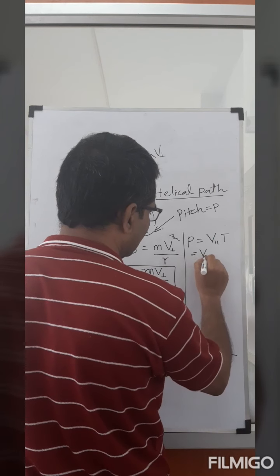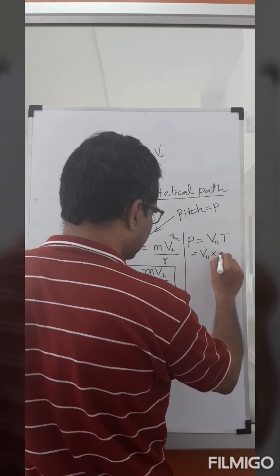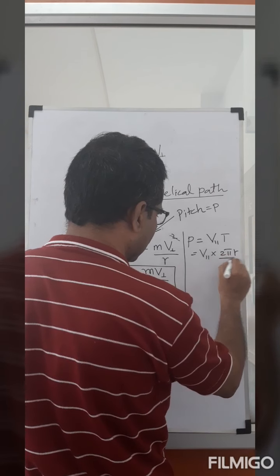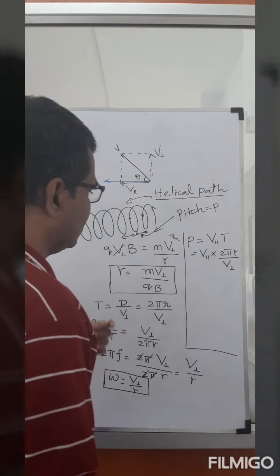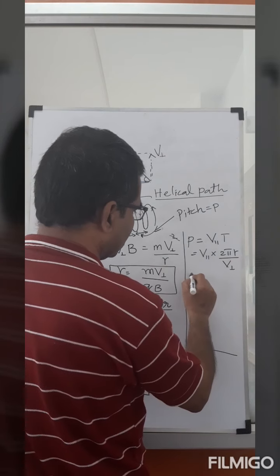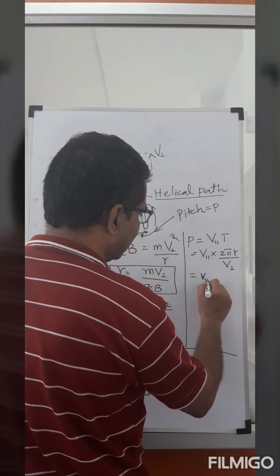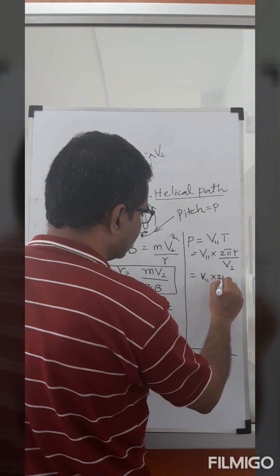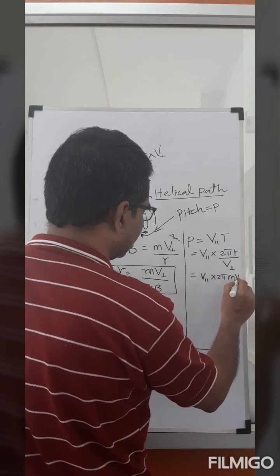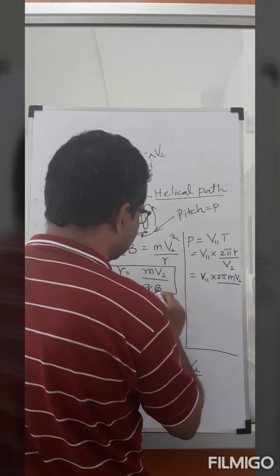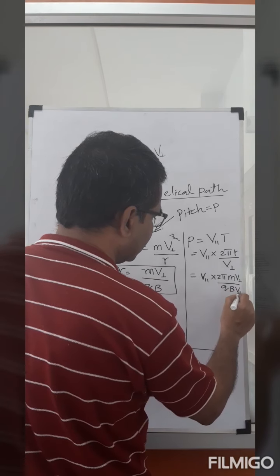So that would be v parallel into 2 pi r by v perpendicular. But what is r? r is m v perpendicular by q B. So v parallel into 2 pi into m v perpendicular, divided by q B into v perpendicular.